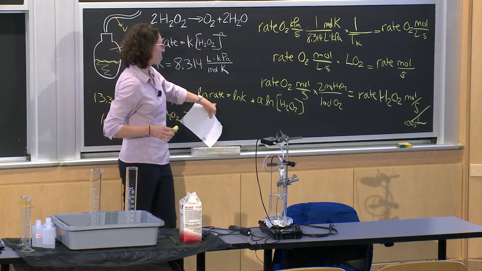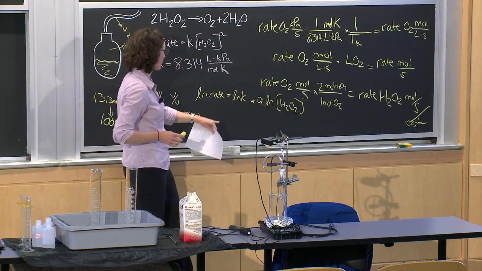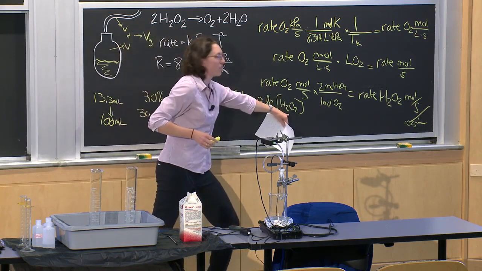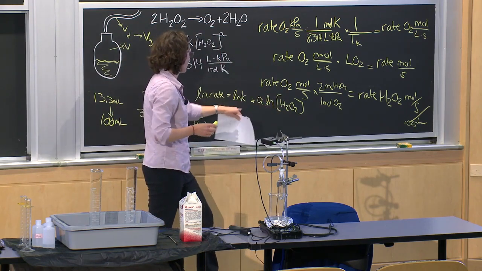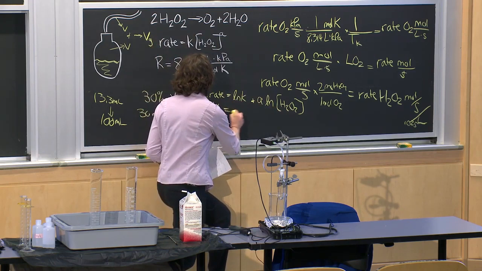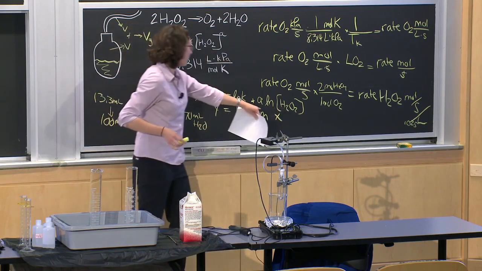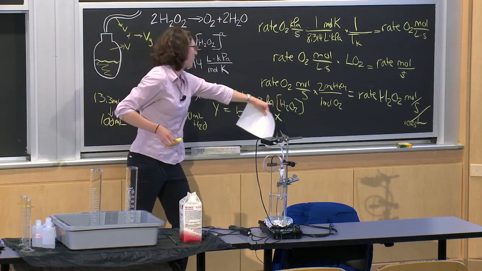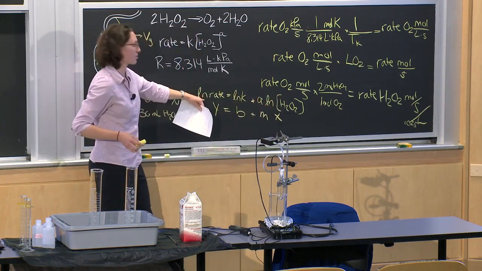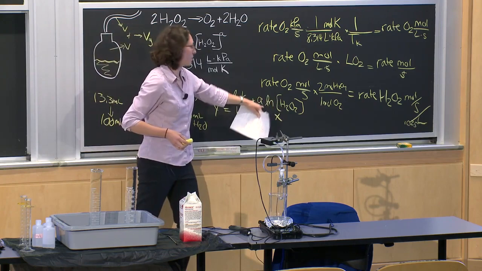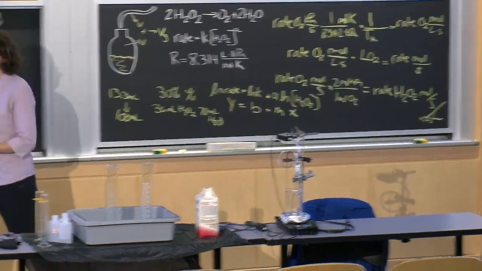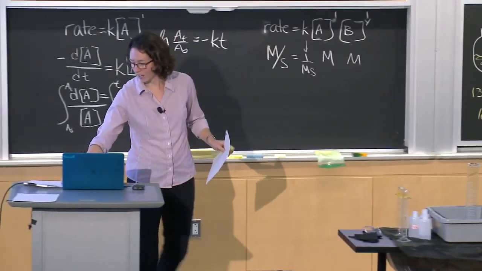Then we've just figured this out from all of that math. We know this concentration, and this is going to be our y-intercept. So if we have y equals b plus mx, if we make a graph of the natural log of the peroxide concentration and the natural log of the rate, then our slope is going to be our order. Hopefully, we haven't lost you.